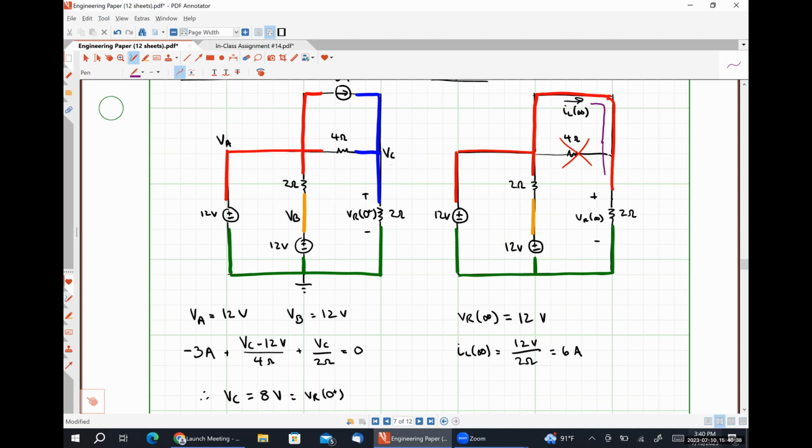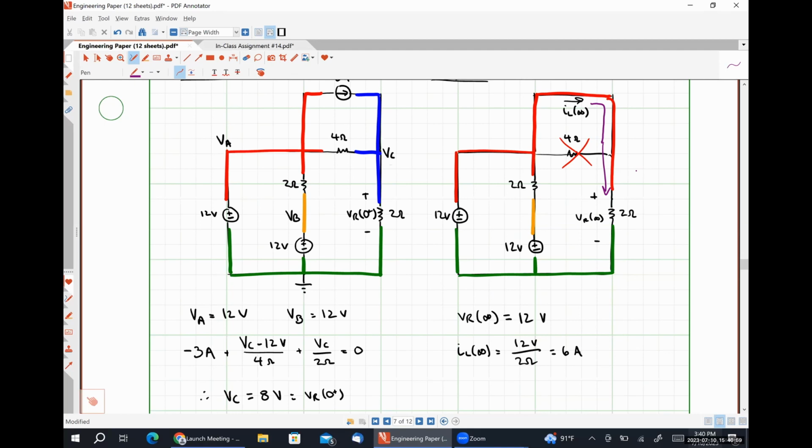So all of IL is going to flow down through that 2 ohm resistor. Right. Yeah. So using Ohm's law, 12 volts divided by 2 ohms gives us 6 amps. Yeah. Okay. That does answer my question.